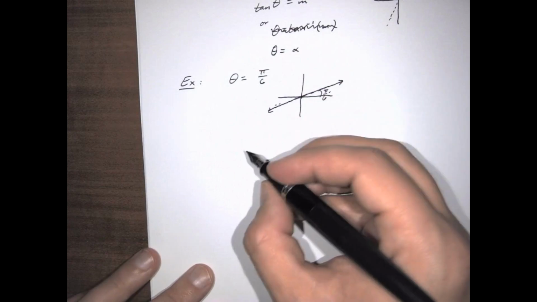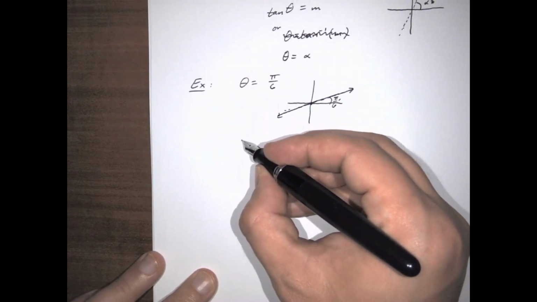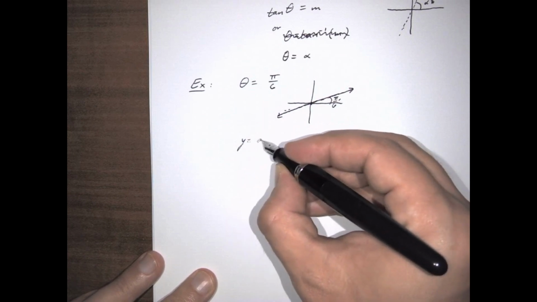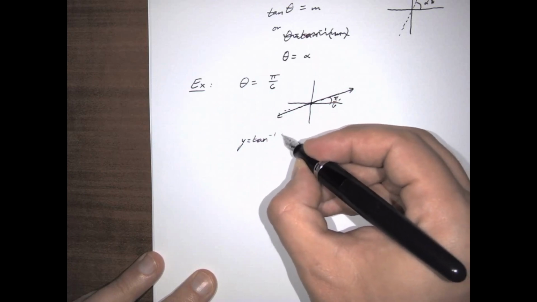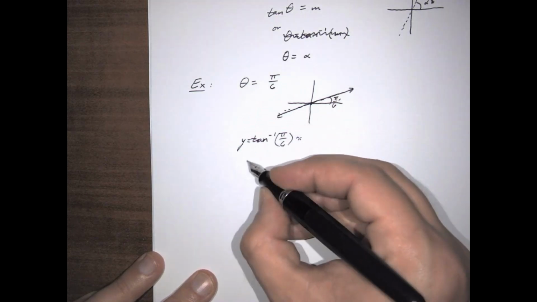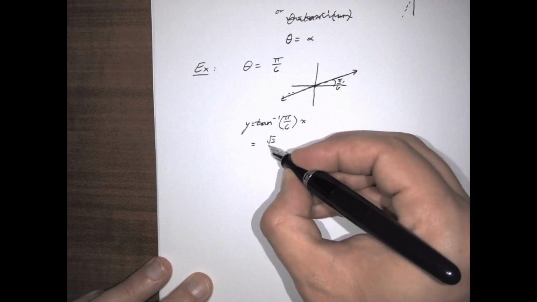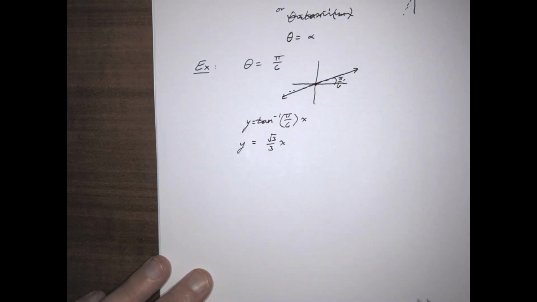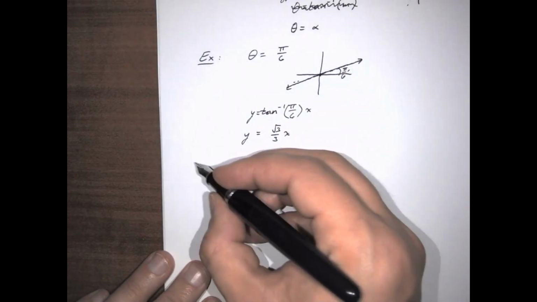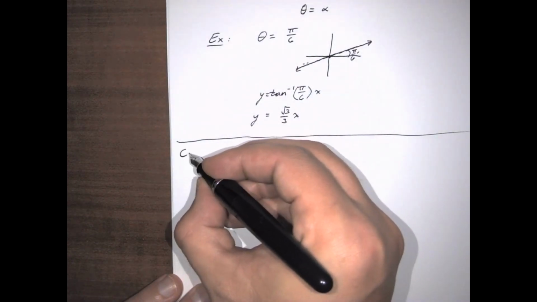And the equivalent line in rectangular coordinates would be y equals the inverse tangent of pi over 6 times x, which would be equal to root 3 over 3 x. So the slope here would be root 3 over 3. Okay, so these are the main categories. Now let's look at category 2.